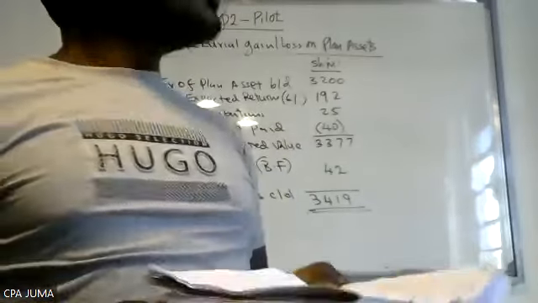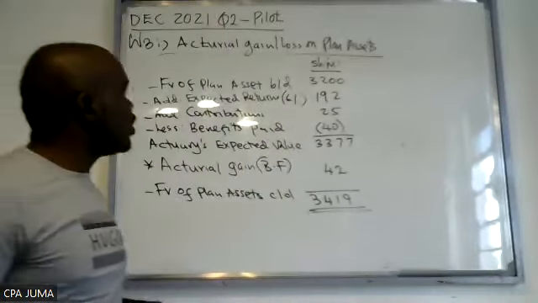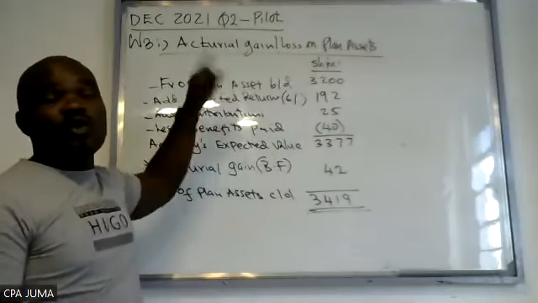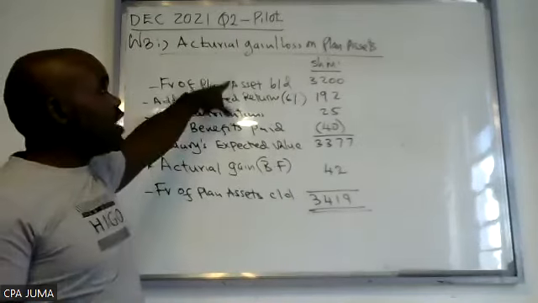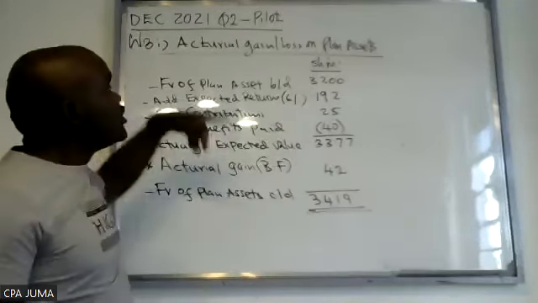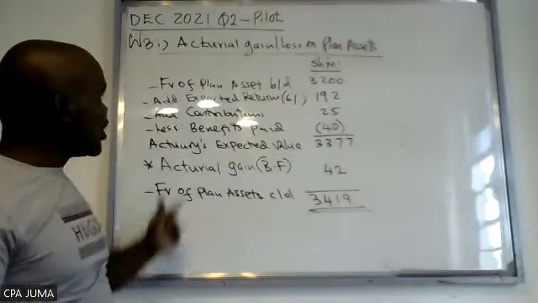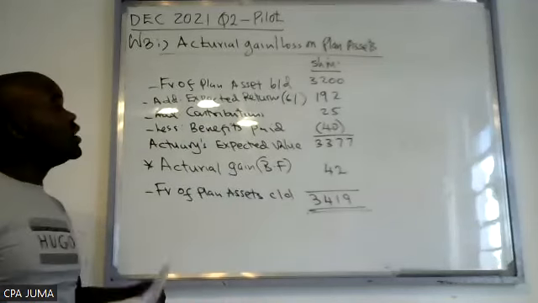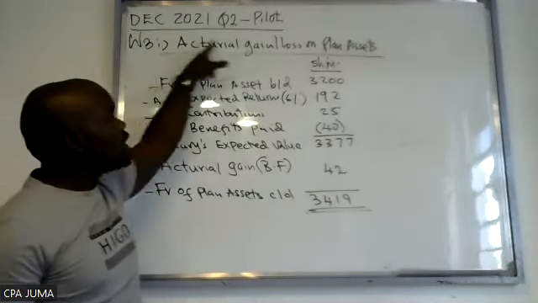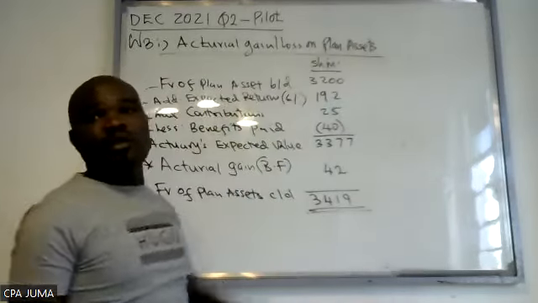Now, at the same time, we don't only talk of plan assets. There are always obligations at the same time. So the same assessment we have done for assets, let's also do it for the obligations. So down there, 3 Roman 2, I want to delete this one. So 3.2, right there, actuarial gain or loss on plan obligations.